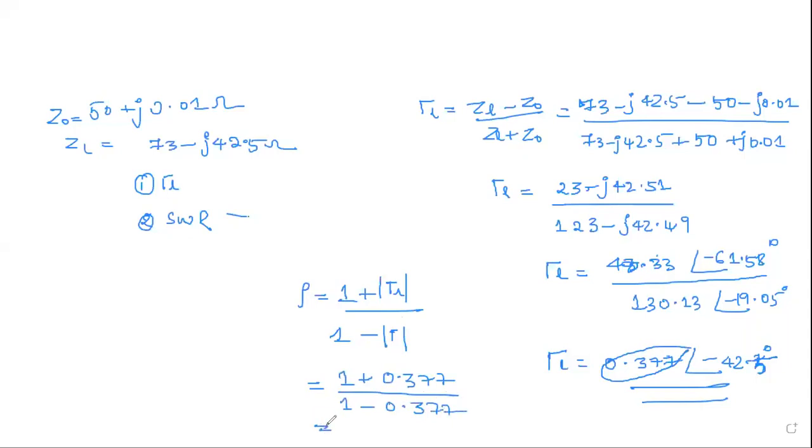Calculate this. How much is it? Rho is equal to 1 plus 0.377 divided by 1 minus 0.377, 2.21 or 2.18? 2.21.